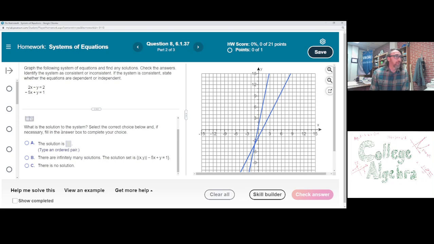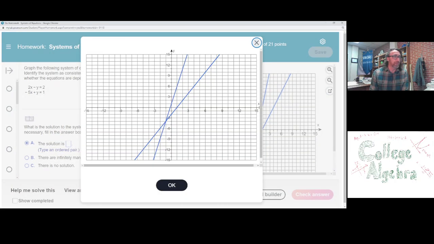Now it says, what is the solution to the system? Now we have to think back about what a graph really is. This first line is the set of all points whose coordinates satisfy the related equation. So this line right here is the set of all points where 2x minus y equals 2.